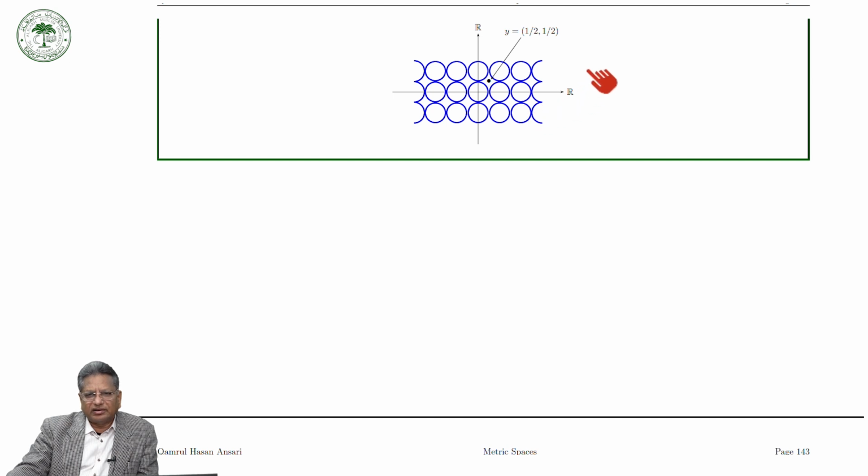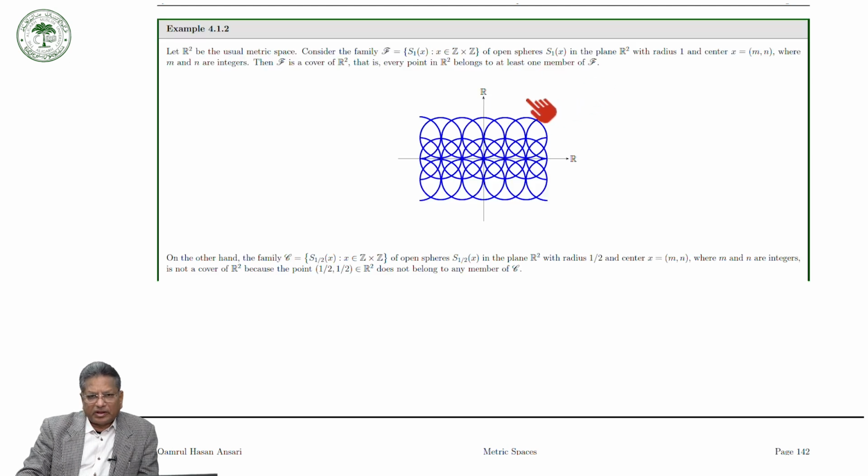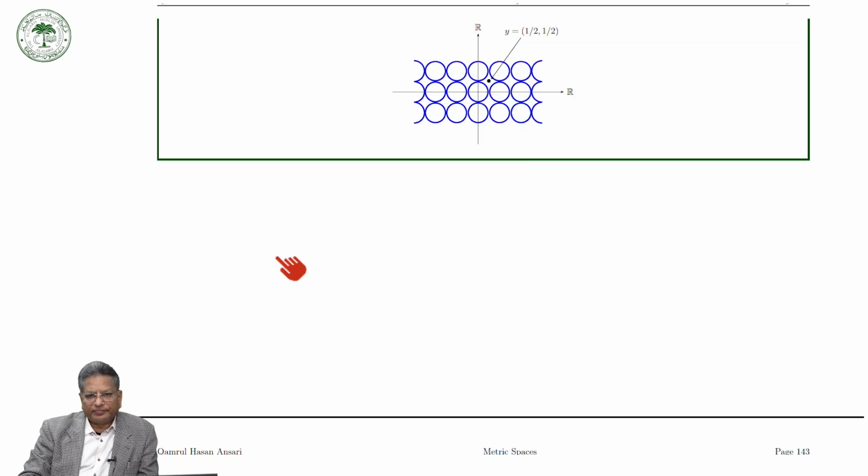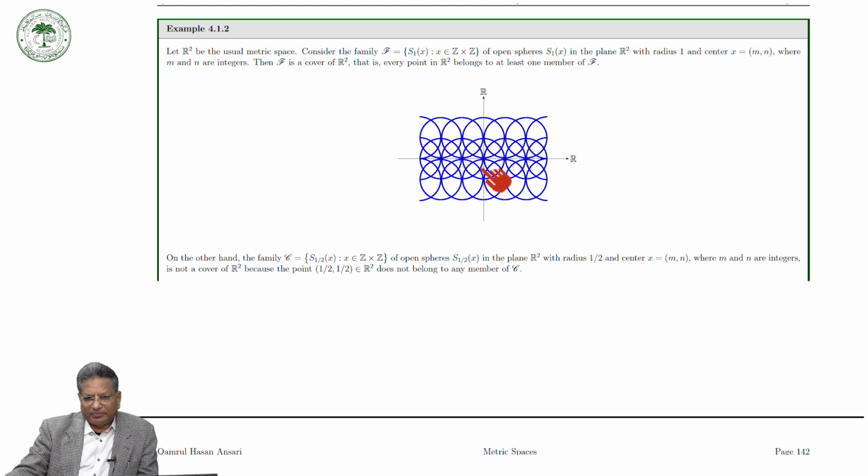It means that if we consider the family C of open spheres whose center is X, where X is equal to (m, n), m and n integers, and radius is half, then this family will not cover whole R2, and therefore this family C is not a cover of R2.